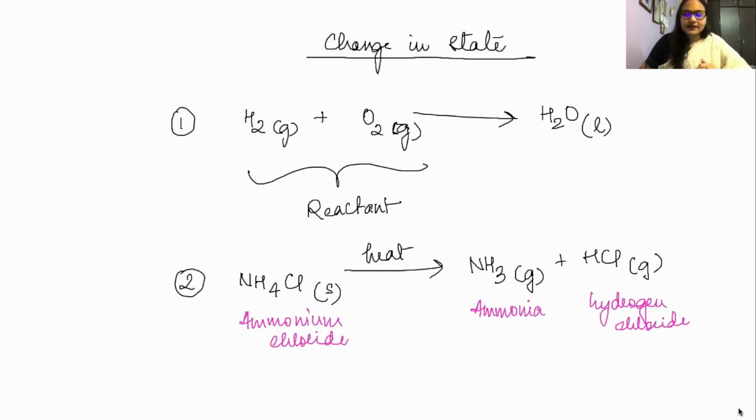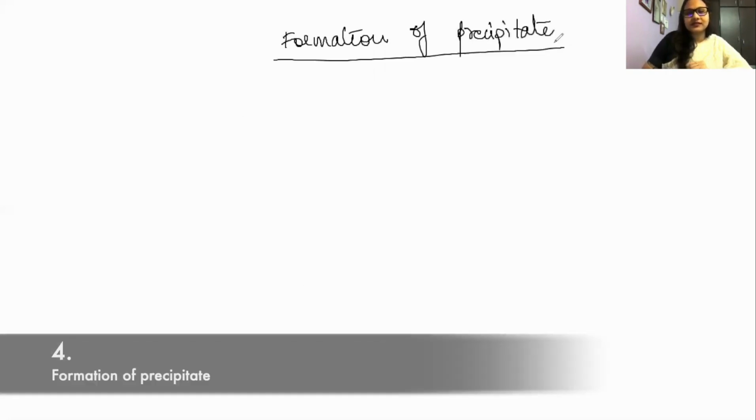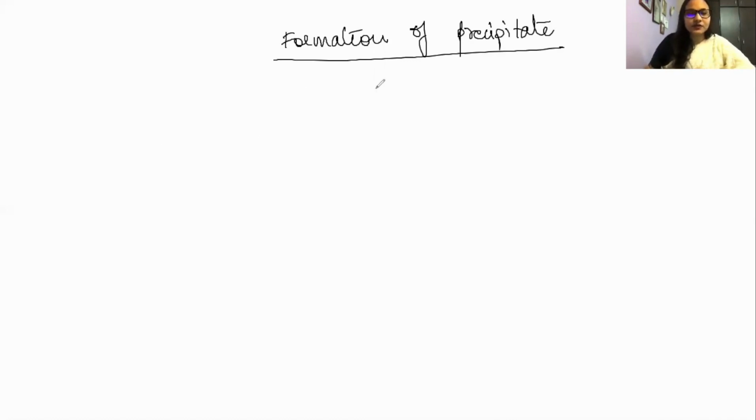Now, the next characteristic that we are going to look at is formation of a precipitate. Here, I'm going to take the example of AgNO3 and NaCl.